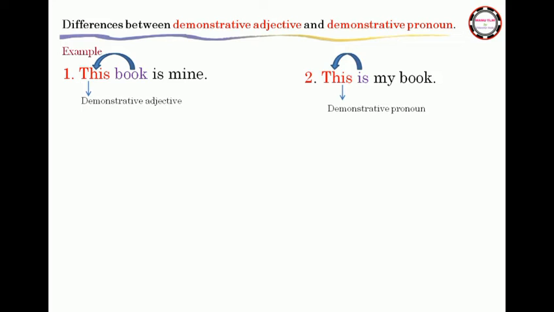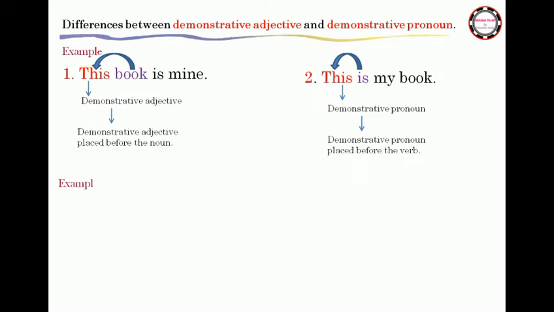What is the difference between demonstrative adjective and demonstrative pronoun? A demonstrative adjective is placed before the noun. Similarly, a demonstrative pronoun is placed before the verb. Observe one more example carefully. This garden is beautiful.